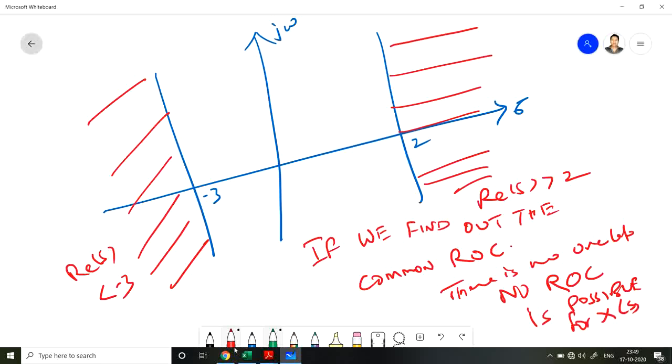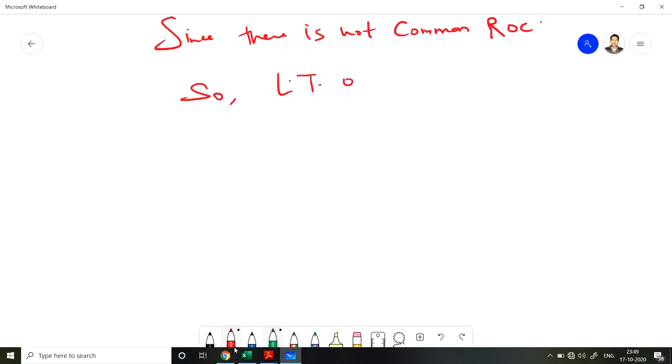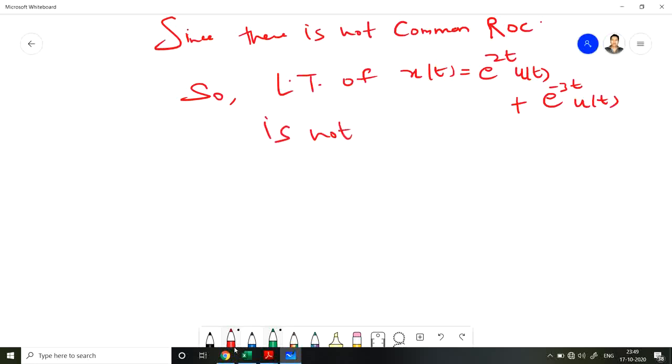Since there is no common ROC, the Laplace transform of x(t) equal to e raised to the power 2t into u(t) plus e raised to the power minus 3t into u(t) is not possible. So the Laplace transform of this signal is not possible.